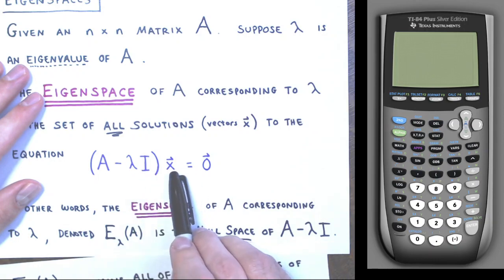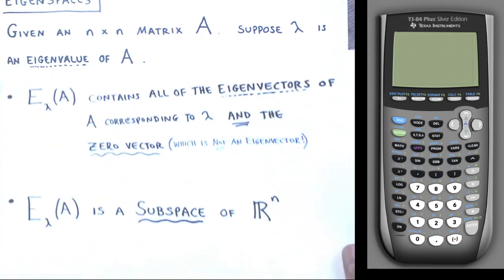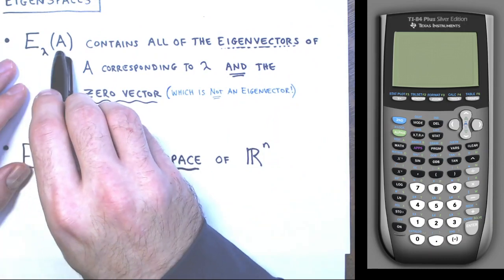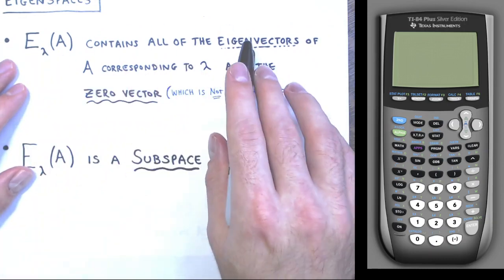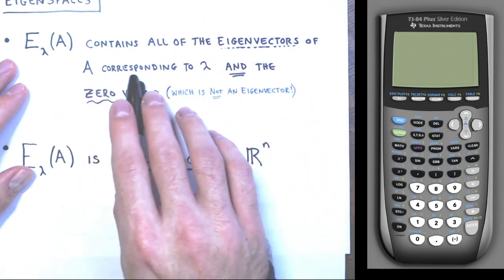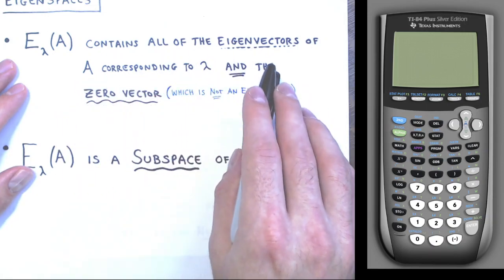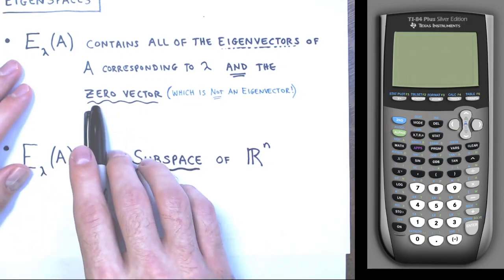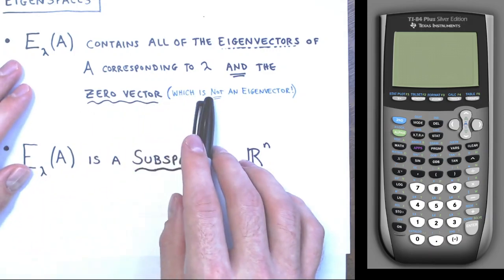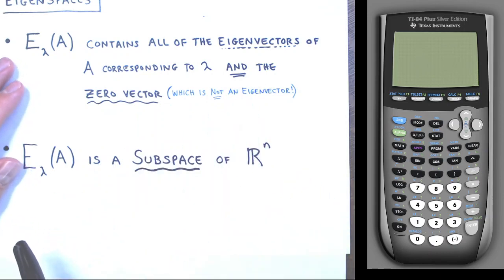But just be careful: the zero vector, by definition, is not an eigenvector. Eigenvectors are non-zero.